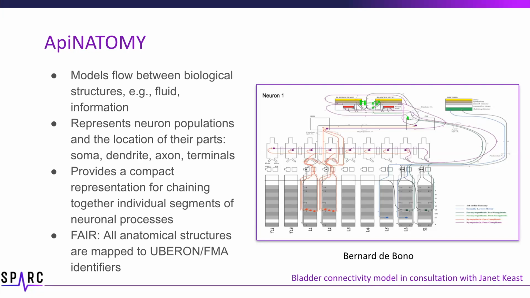This is the real advance, in my view, of ApiNATOMY: allowing us to do this in a compact way. And as I mentioned, because all anatomical structures are mapped to their appropriate identifiers, it is an infinitely fair model in that it is interoperable with any other system that also maps itself to these same identifiers.